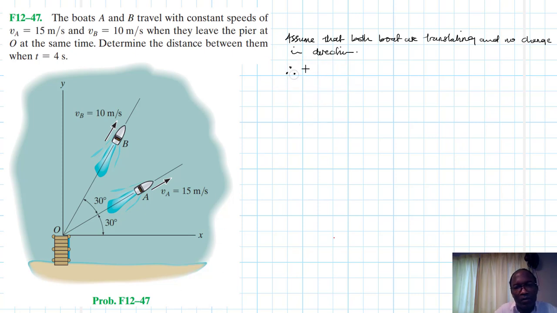Therefore, we can either use VA relative to B, the velocity of A relative to B, or VB relative to A. Let's use VB relative to A. We can use either, we have just chosen this one.